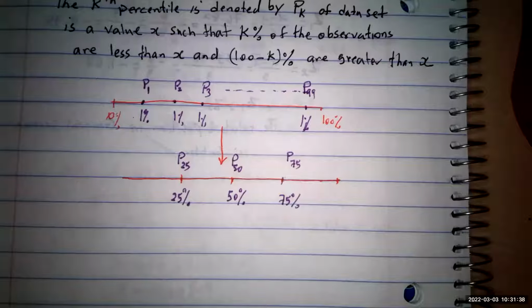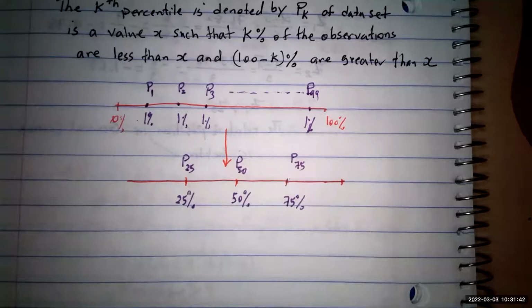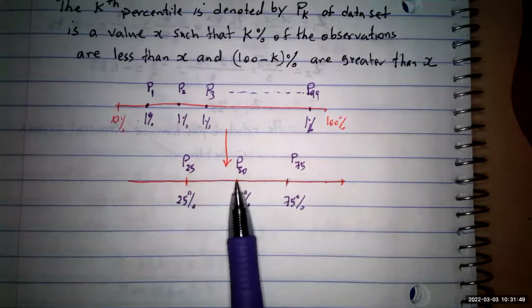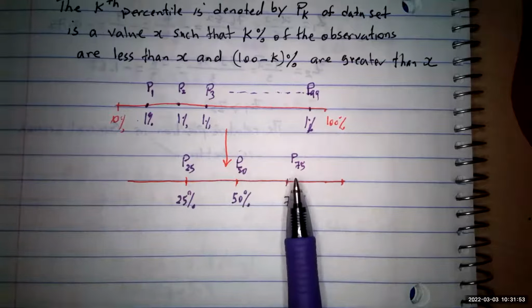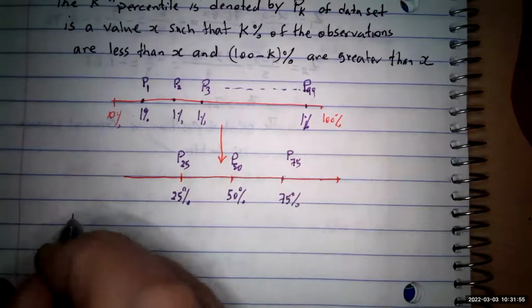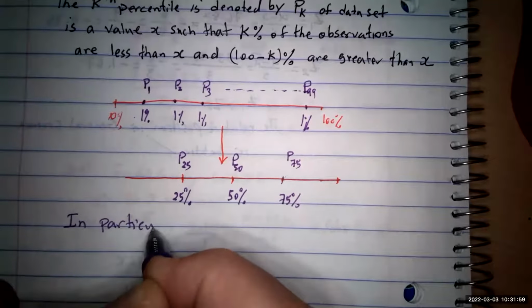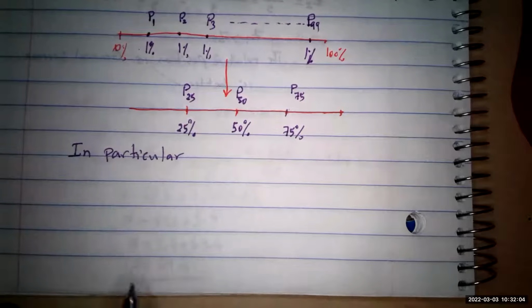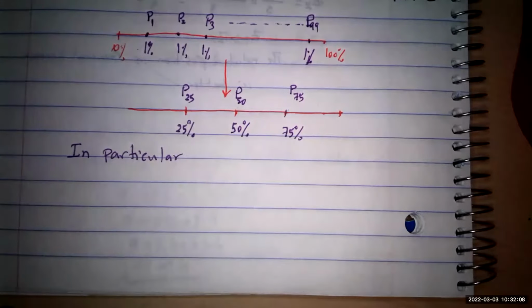Since we divide into 4, each section is going to be called a quartile. This is going to be the first quartile, this is the second quartile, and this is the third one. We are going to use them. You must know them by name. When you talk about P25, we have a special notation for it.